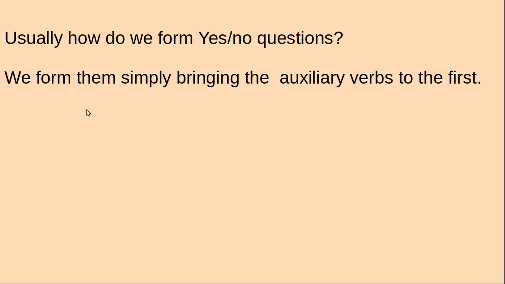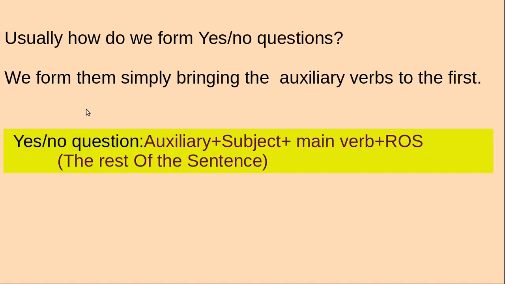Simply bring the auxiliary to the first. I'll show an example. This formula is auxiliary, subject, main verb, rest of the sentence. The first one is auxiliary. Then what we have to do is simply take the auxiliary and put it in the beginning. Which are the auxiliaries? I think you might have learned it.